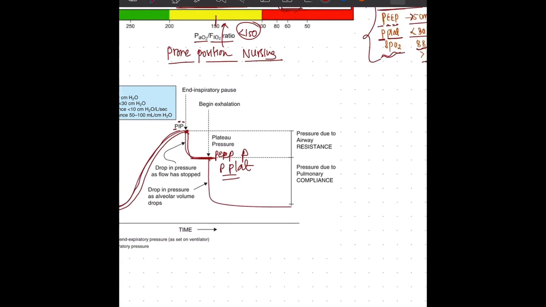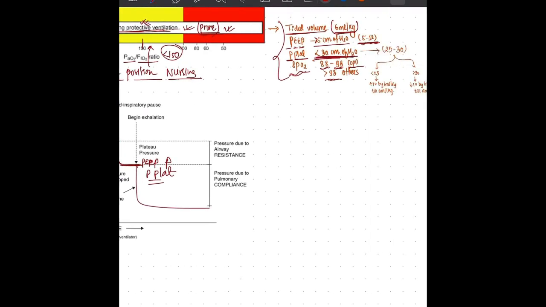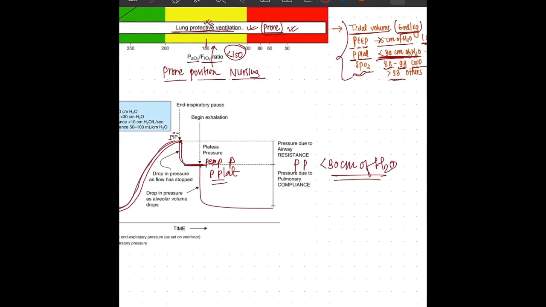So the pressure of P-plat in a patient of COVID-19 or any ARDS should be maintained at less than 30 centimeters of water. So P-plat should be less than 30 centimeters of water in ARDS, right? And then as the air is once again sucked out of the alveoli, the pressure further falls, but air is never completely sucked out, so that this pressure, which is still above 0, is called positive end expiratory pressure.